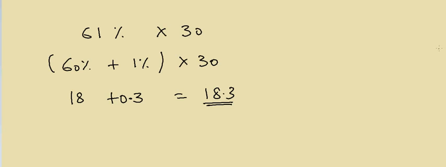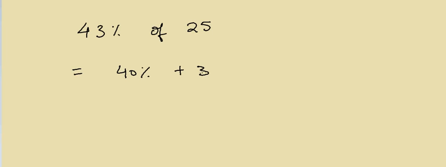Let me give you one more example. If I have 43% of, say, 25, how will I calculate that? In that case, I can say 40% plus 3% of 25.